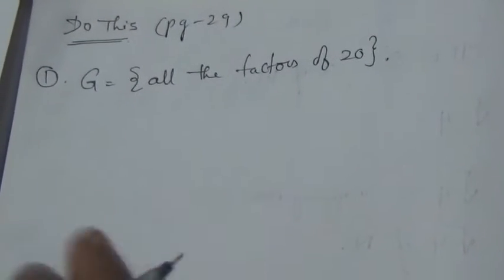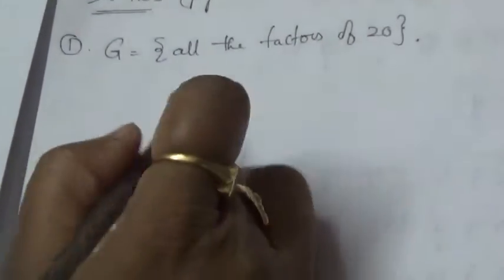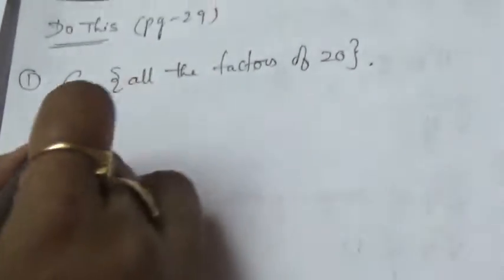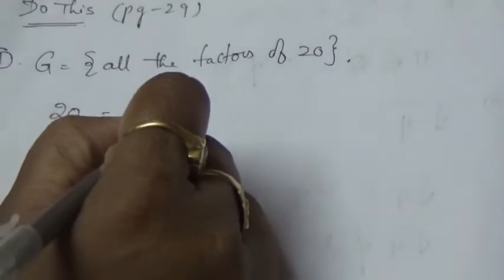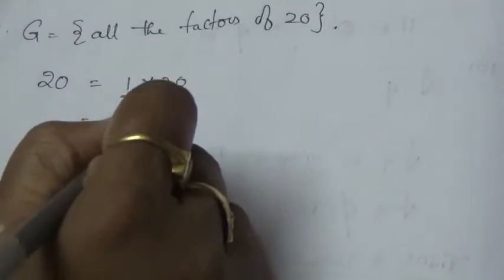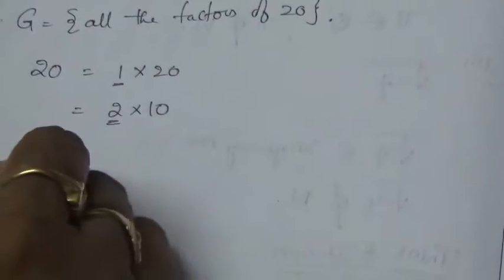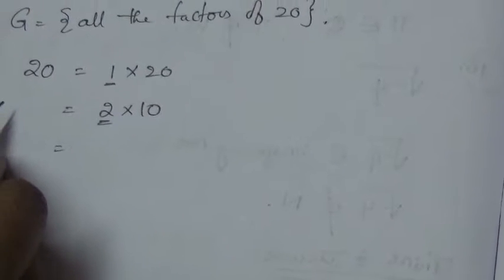In which tables is 20 a multiple? In the first table, 1 times 20, right? Then the 2 table. Is 3 a factor of 20?